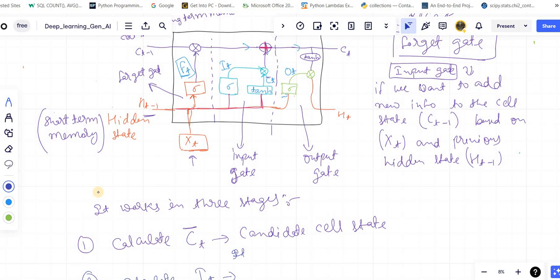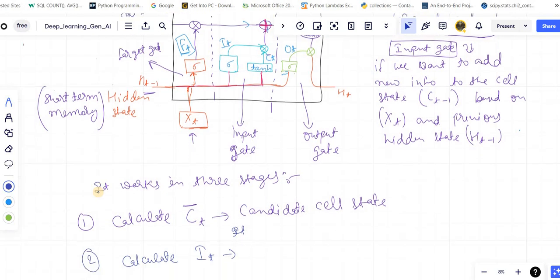So it decides which part of Ct is required. Now just understand, this is just a filter over this network. What I said in the forget gate, what is the work of sigmoid? It will make 0 or 1. If it is 0, it is not important. If it is 1, it is important. If it is 0.5, it is 50% important.